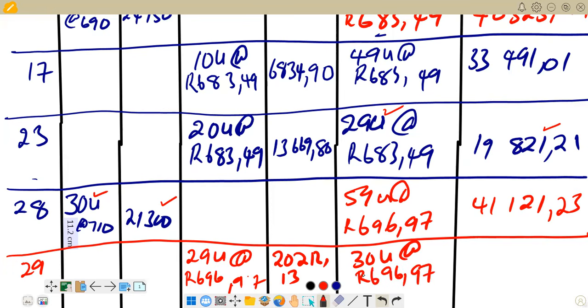Then for the value here, you say 30 times 696.97, then you get the final value, which is 20,909.10. So this marks the end of this question in terms of inventory cards using the weighted average cost method.